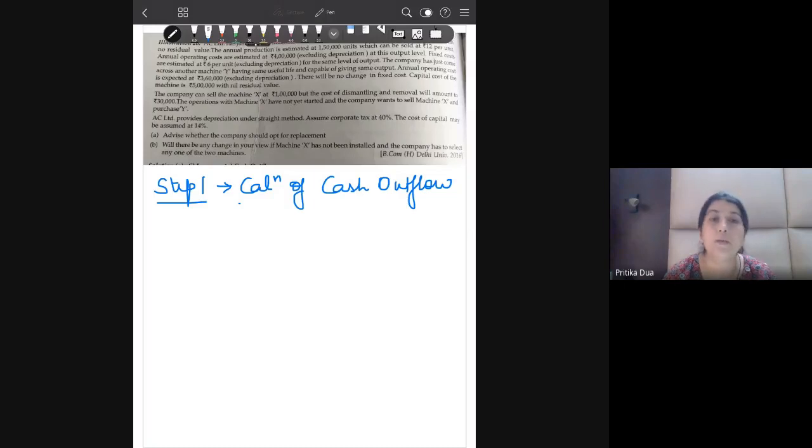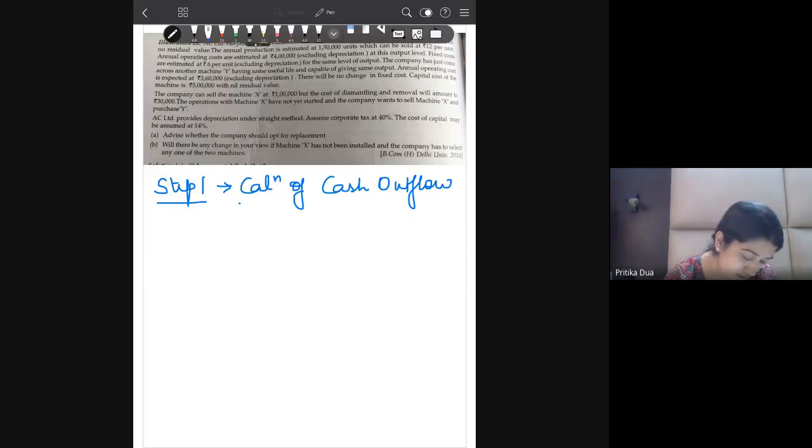Since the company wants to decide whether to replace X with Y, this will be the case of incremental cash flows. First, we'll start with the outflow from machine Y.